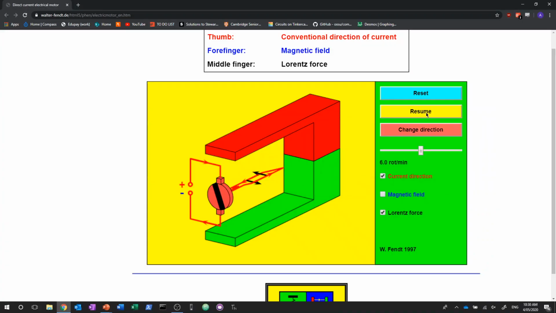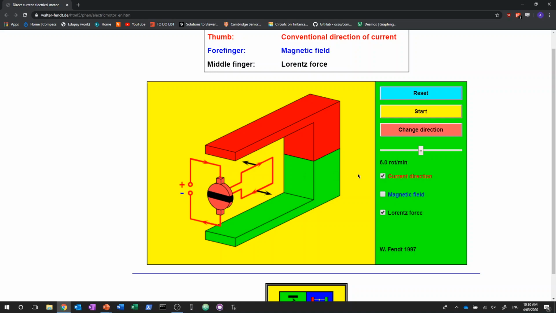Let me just reset this. So what we've got going on here is the battery, positive terminal, current's going to go out of positive through this brush here into this commutator. This commutator is attached to this side of the coil. So the current's going to go around this way, down that side, down along this way, back out of this commutator through this brush into the other side of the battery.